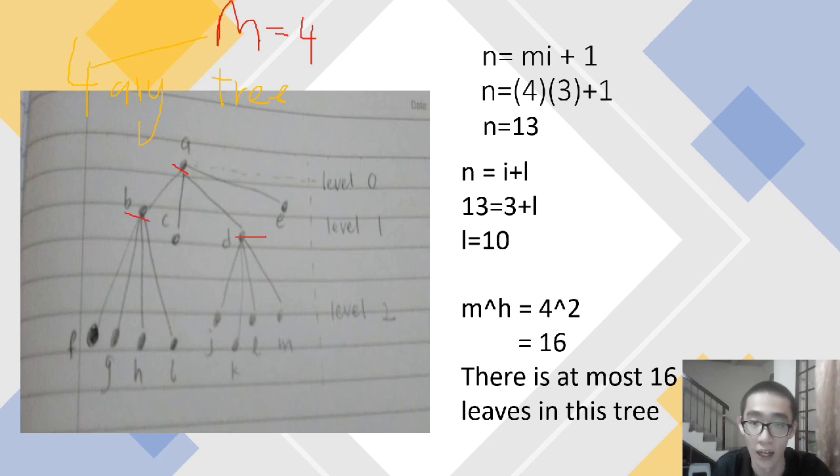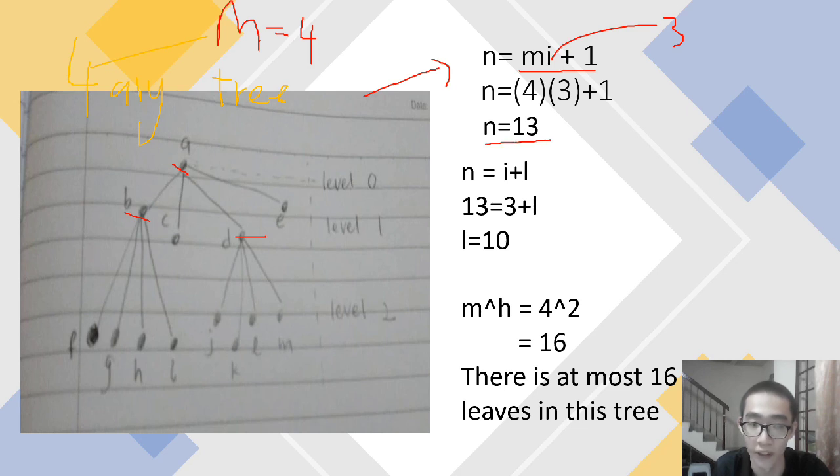So i is equal to 3. For this full 4-array tree with 3 internal vertices, it will have n equals mi plus 1 vertices in total. So 4 times 3 plus 1, n equals 13.